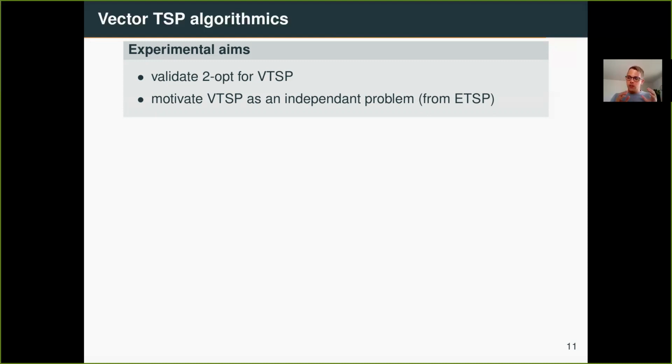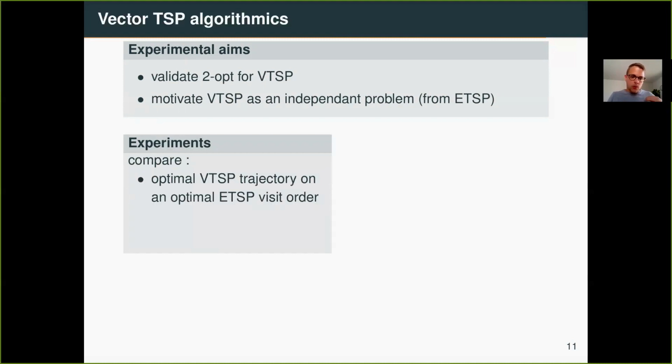We wanted to see if an optimal solution for Euclidean TSP is actually a really good solution for the VectorTSP, even though we've shown that sometimes it's not optimal. Well, that's what we did. So we used Concorde, which is a TSP solver, which gave us a lot of optimal visit orders for instances, for which we computed an optimal racetrack trajectory, and we put our two-opt against it.